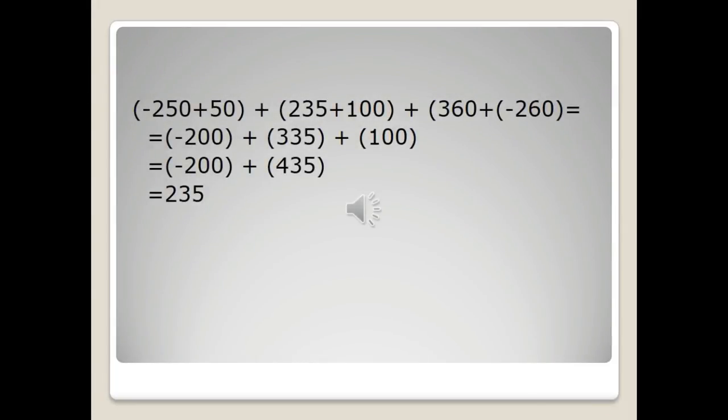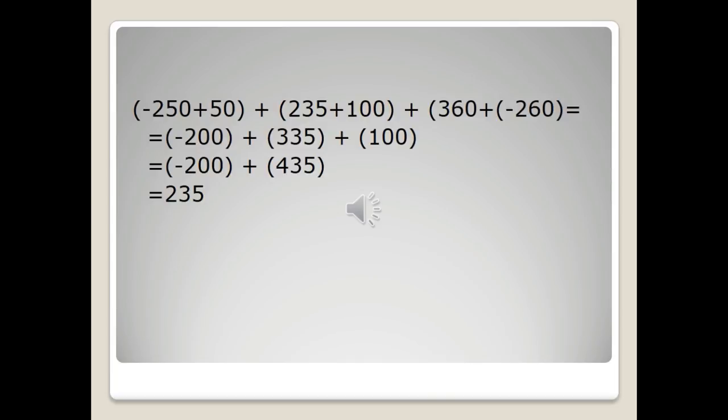So let's practice this. -250 plus 50 plus the quantity of 235 plus 100 plus the quantity of 360 plus -260. We can see that we have a lot of problems to be added. Since they are separated by parentheses, we can easily add them. The answer of negative 250 plus 50 is equal to negative 200, because since they have different signs, we just subtract them.